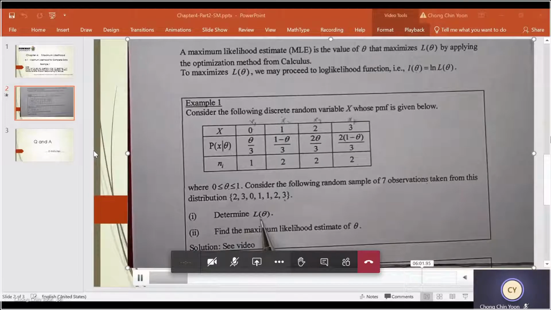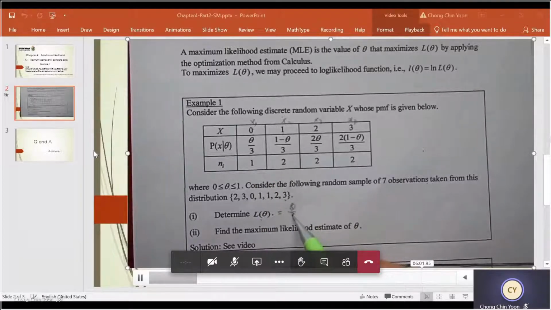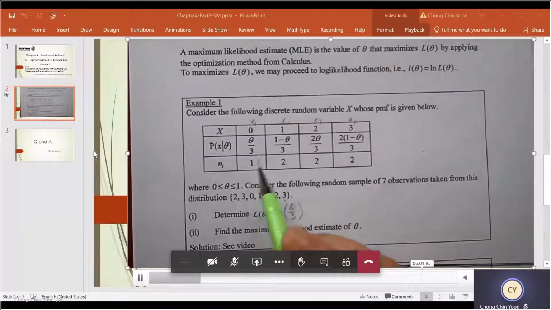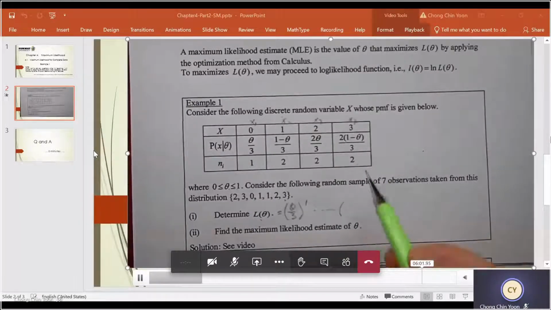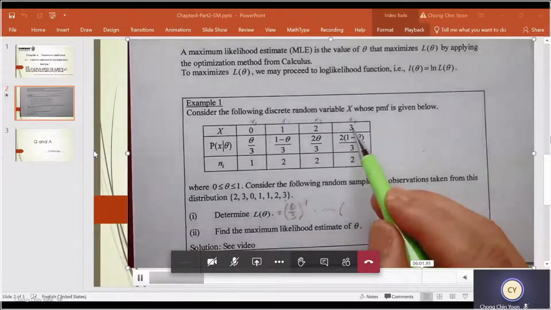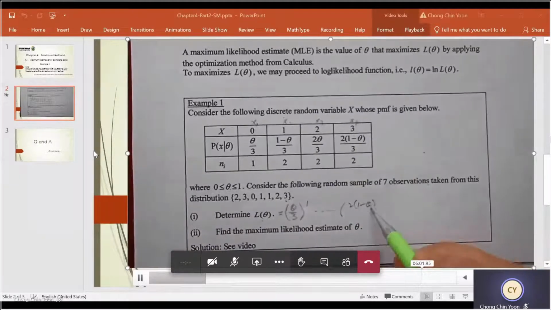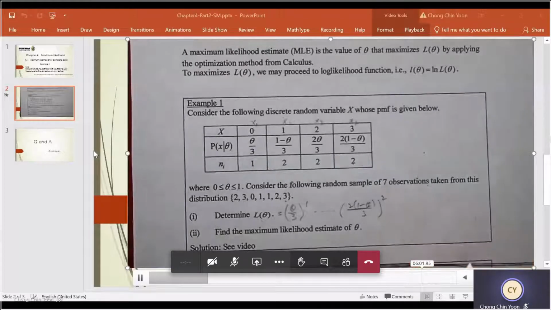Determine the likelihood function. This is equal to the product of the PMF. That is, we take the PMF of the first data to the power of 1, until the PMF of this data to the power of 2. So this problem is solved. Next, we have to find the maximum likelihood estimate of theta.